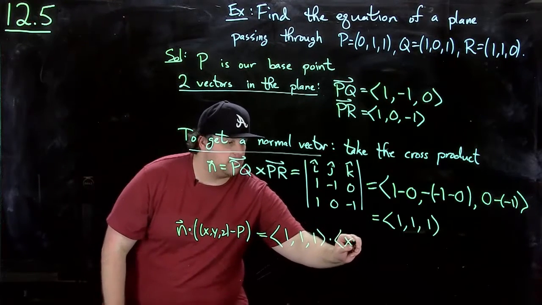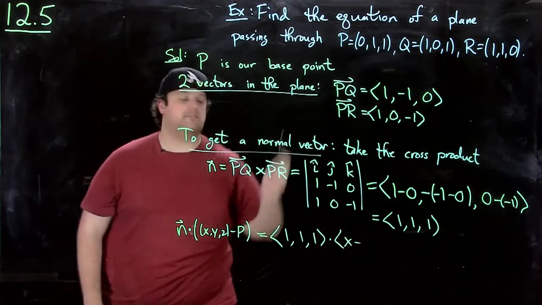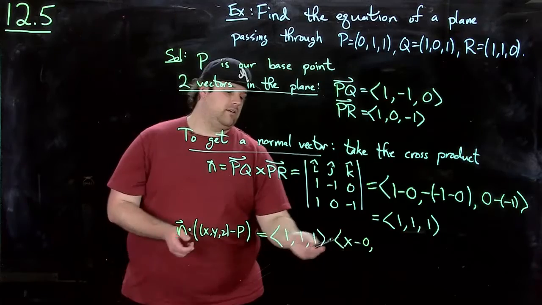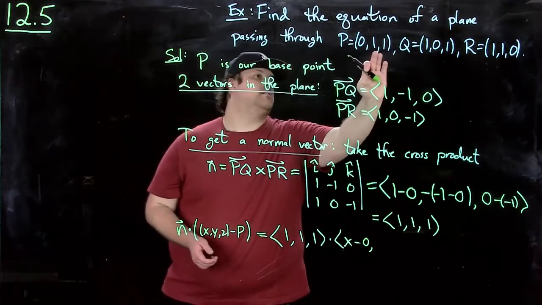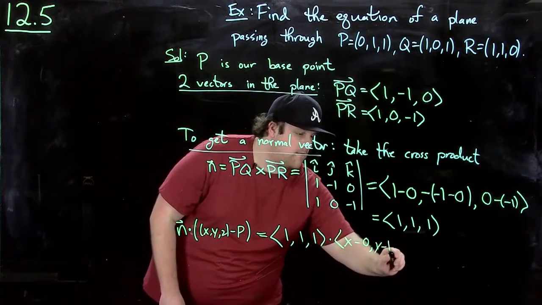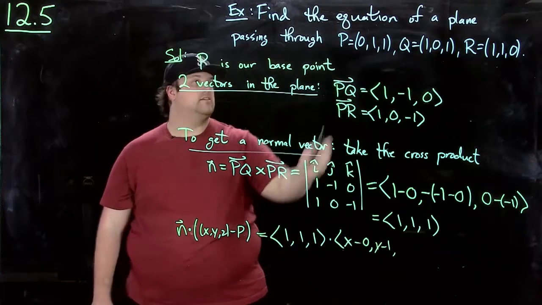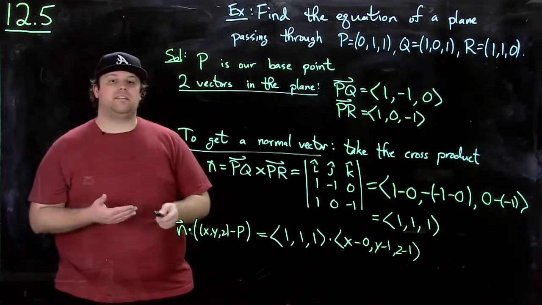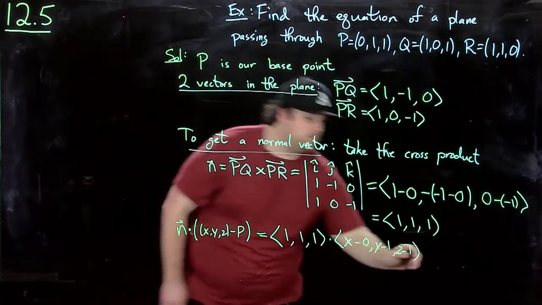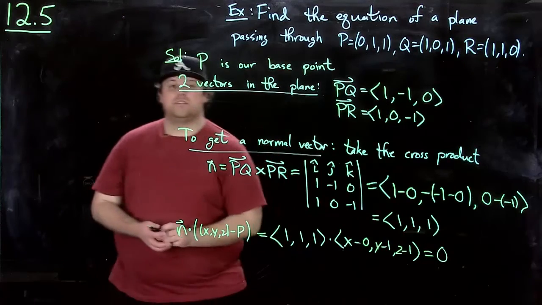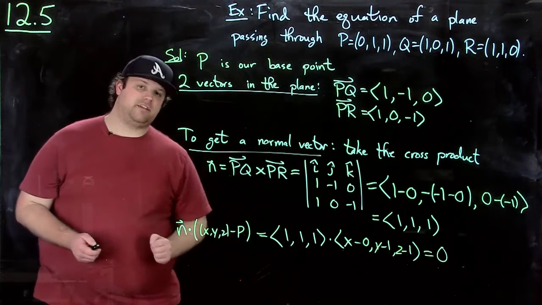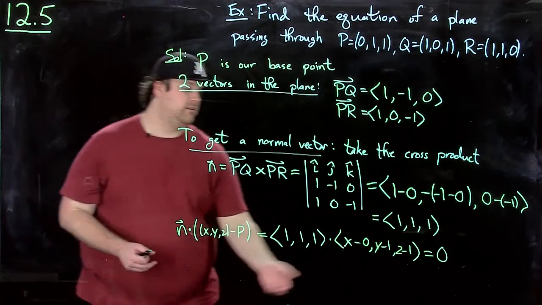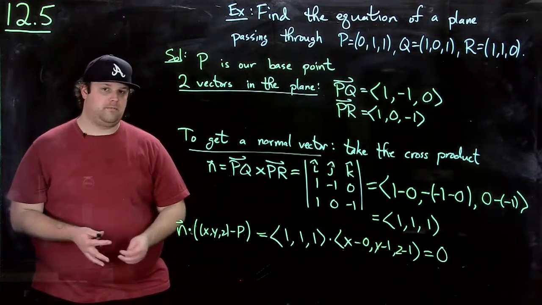So x minus x naught is 0 here. Y minus y naught is y minus 1, and same thing for z, z minus 1. And then that had to be 0. So that said the normal vector to the plane, 1, 1, 1, is perpendicular to any vector in the plane, which is given here.